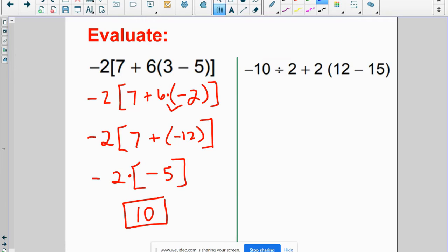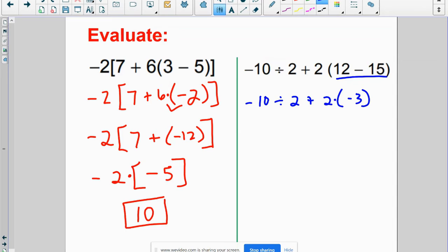All right, we're back. Hopefully you took the time to check it out on your own. We take a look at our problem, and again, we start with PEMDAS. So we want to go with the parentheses first, 12 minus 15, which is negative 3, keeping everything else the same. So now when we look at our problem, we have division, we have addition, and we have multiplication.